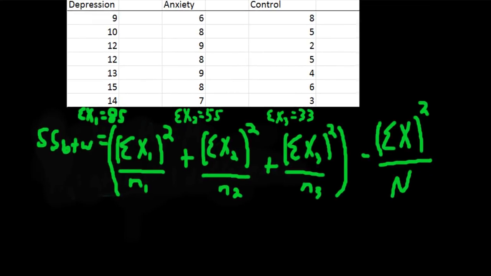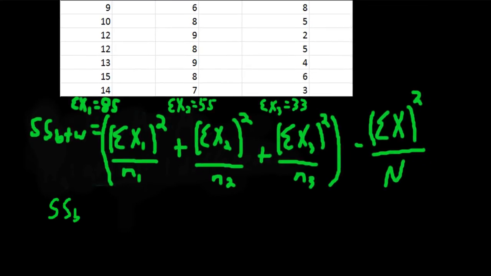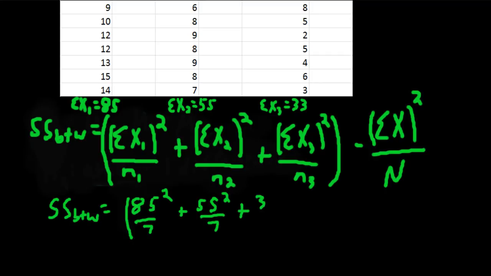Right, so now we're able to plug into the equation for sum of squares between. We'll take 85 squared over 7 plus 55 squared over 7 plus 33 squared over 7, and then finally we'll subtract the total, which is 173 squared over 21.